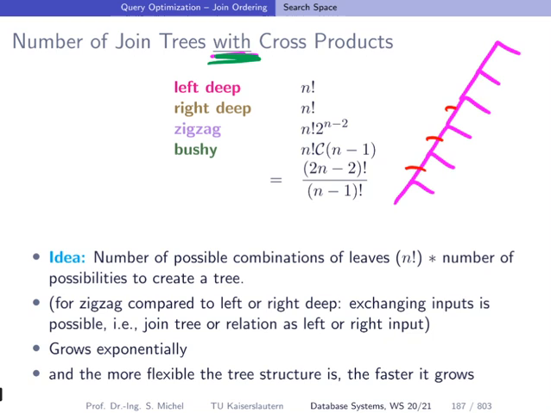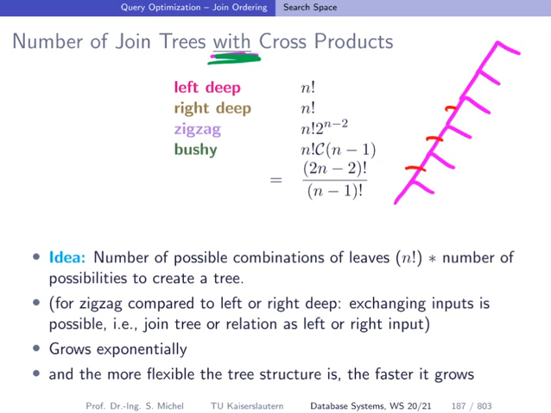For bushy trees, now we can use what we have seen earlier with the Catalan numbers. So we have Catalan number of the order n minus 1 possible structurally different trees. And again, these trees have n leaves because we have n relations.